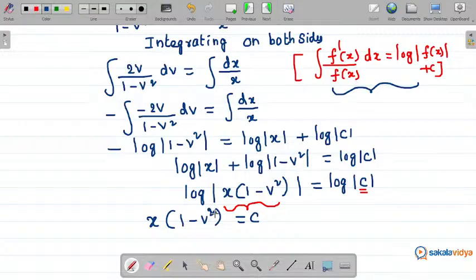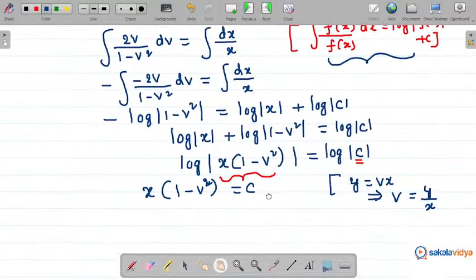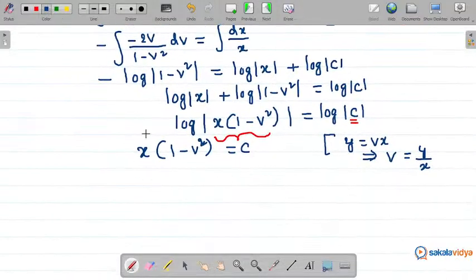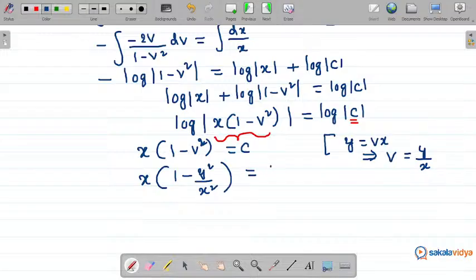But you must remember one thing: instead of v we need to substitute y by x, because since y is equal to vx, v becomes y upon x, a function of x only. So let us substitute and simplify, so that we will get the general solution of the given differential equation. Substituting v as y by x, we write x times 1 minus v square, and v square means y by x whole square, y square by x square, is equal to c.